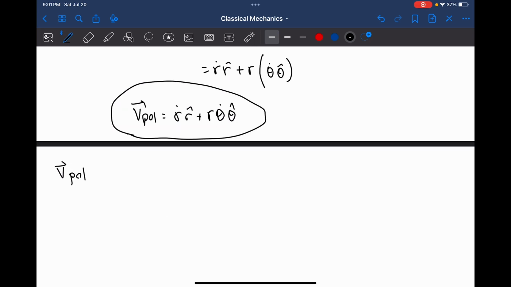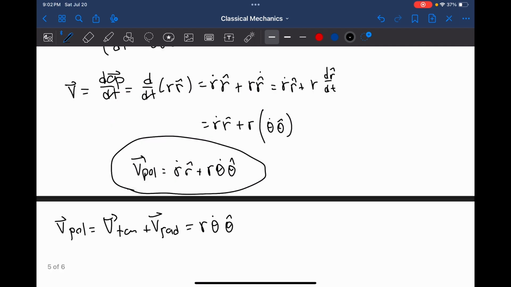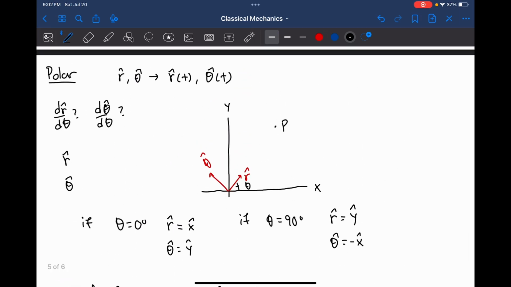We can write this v polar as a v tangential, so a tangential component of velocity, plus a v radial component of velocity. The r theta dot in the theta hat is a tangential component of velocity, because in polar coordinates, that corresponds to velocity about the theta hat direction.